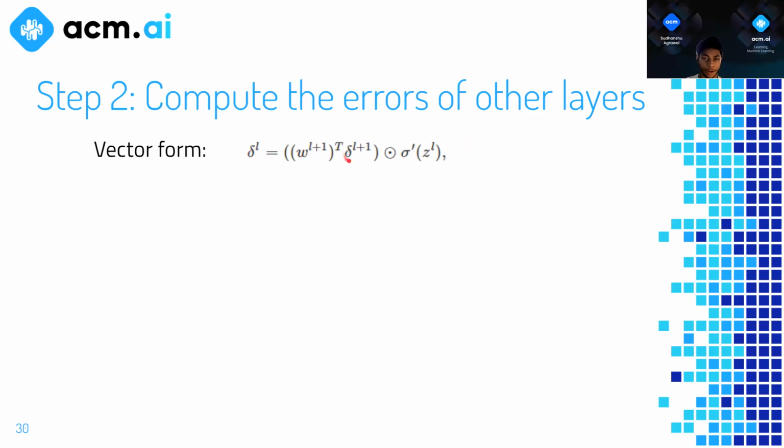We take the error of the L+1 layer, the error that's ahead of it, and multiply that by the weight matrix of that L+1 layer. We take that entire quantity, Hadamard product, with the derivative of the activation function evaluated at the weighted input of the current layer. When I say it, it sounds long, but it's literally one line of this one line equation.